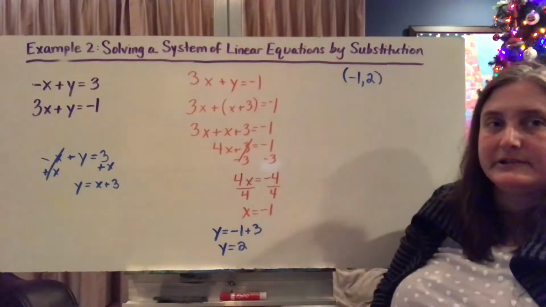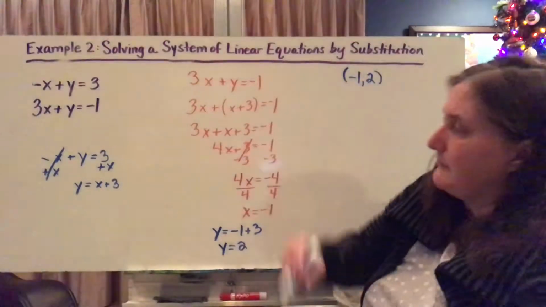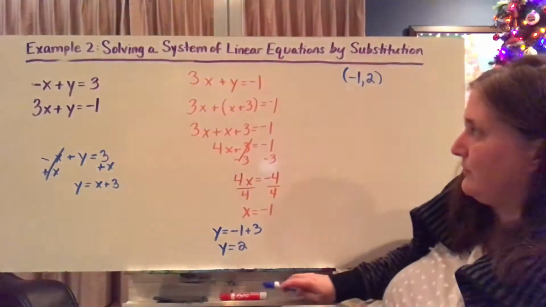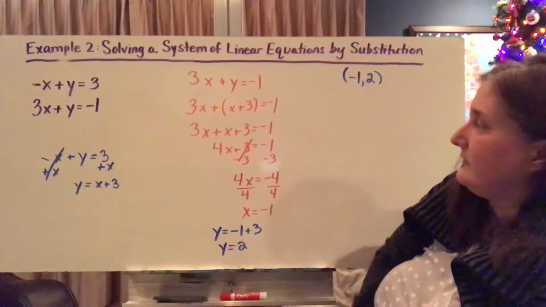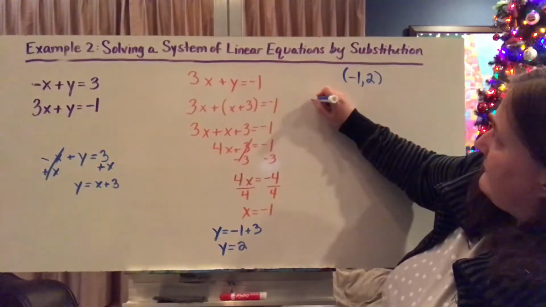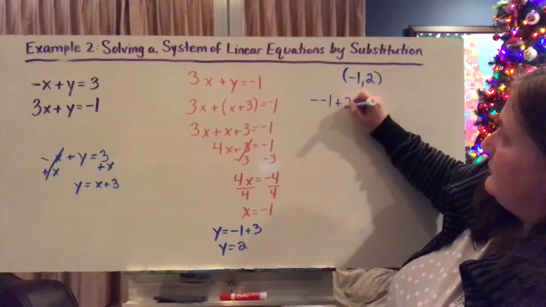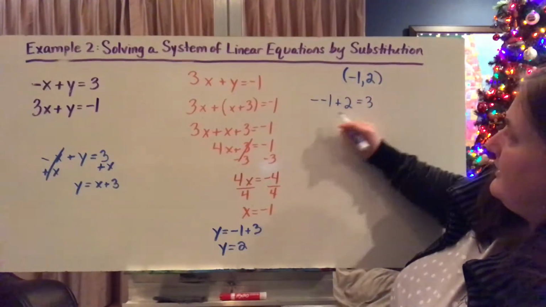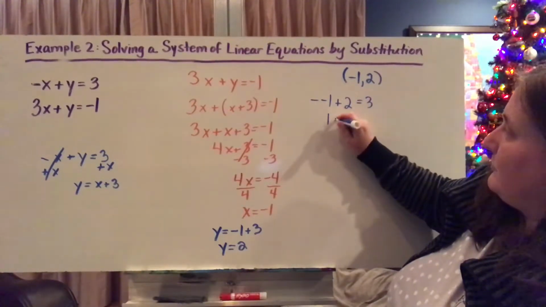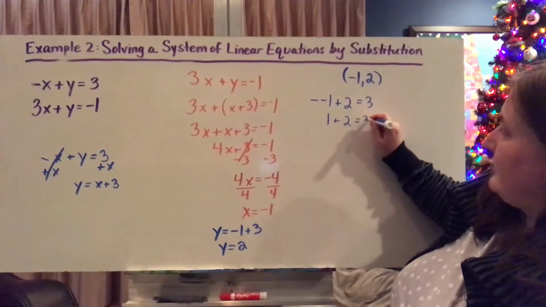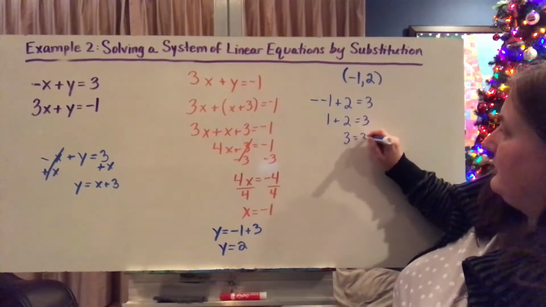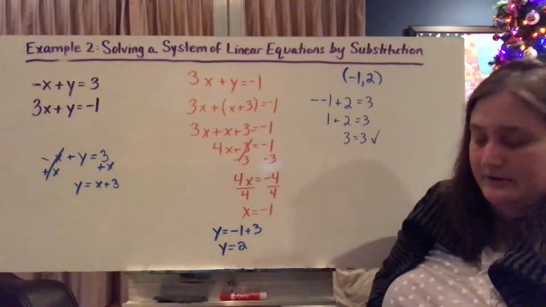Now I want to test this solution by plugging it back into my original equations and making sure that it works. So let's first test it in our first equation. We'd have negative, and then for x we're putting in -1 plus 2 equals 3. Well, this double negative just becomes 1 plus 2, which does in fact equal 3, so it checks out with our first equation.